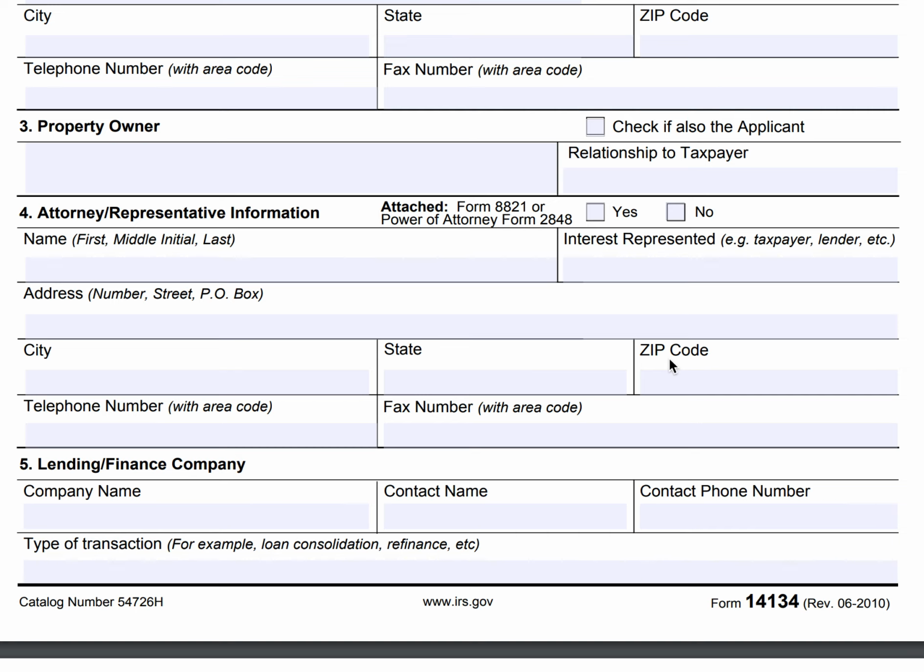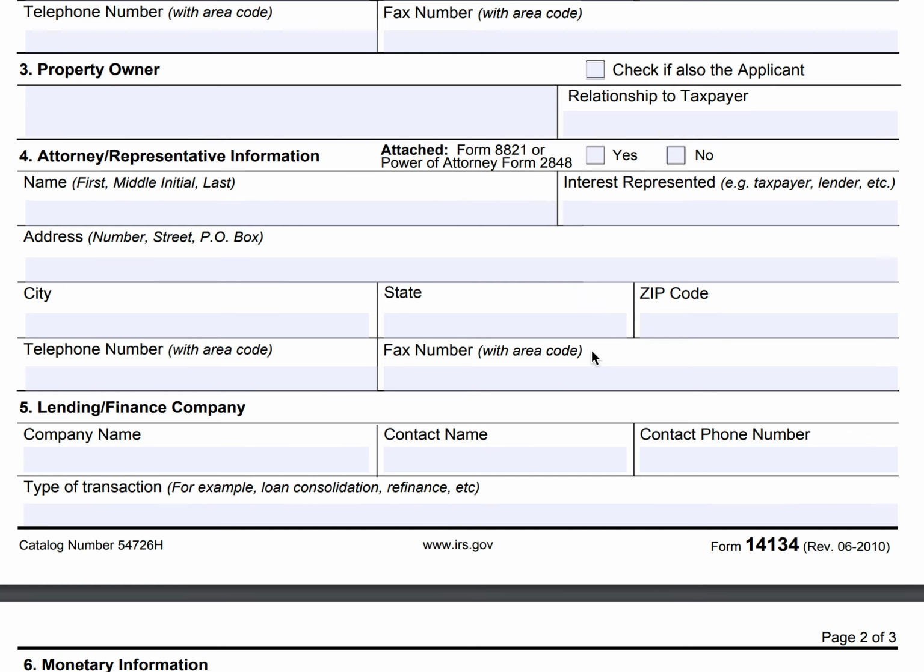So that allows the IRS to give information to that authorized person, but it doesn't necessarily convey any powers of attorney the way the 2848 does. So two different forms, both of them allow that representative to receive information on your behalf.